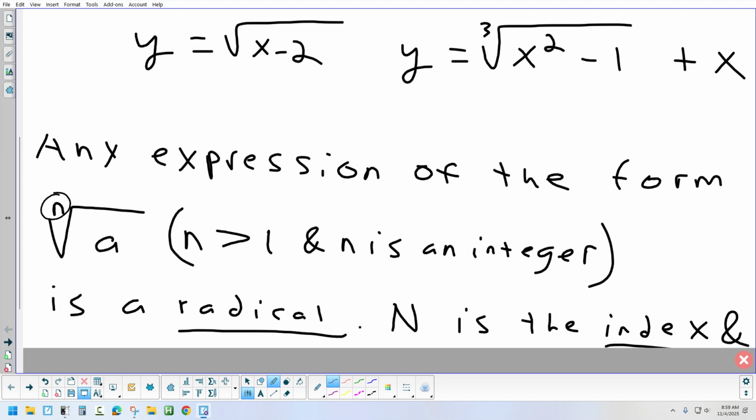The index has to be a number bigger than 1, and it can't have a decimal. It has to be an integer. So you can put a 3 for the index, that would mean you're doing a cube root. You could put a 5, and that would mean you're doing a 5th root. But what you can't do is put a negative number, a 0 or a 1, and you can't put a decimal. There's no such thing as a 2.3 index. You can't do that.